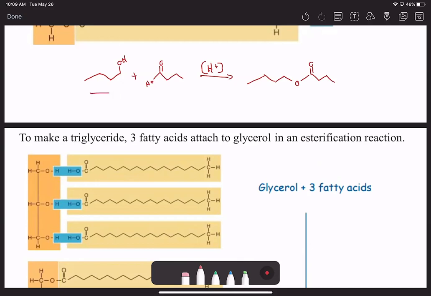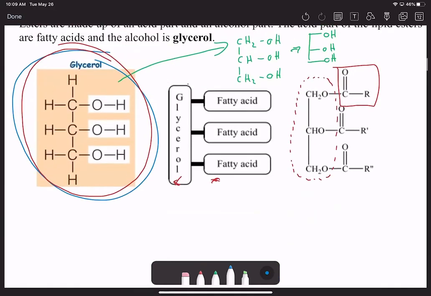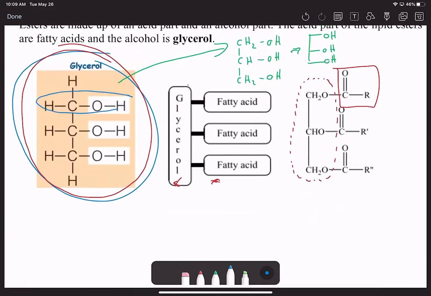I take an alcohol, plus I take a carboxylic acid, and I get this ester. And it just so happens that if we take a look at glycerol, glycerol contains 1, 2, 3 alcohol groups.